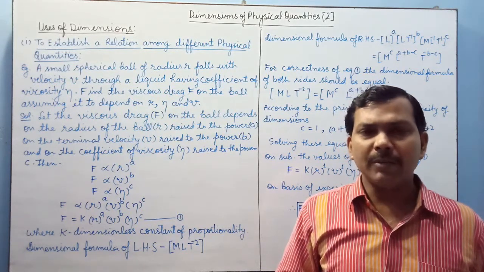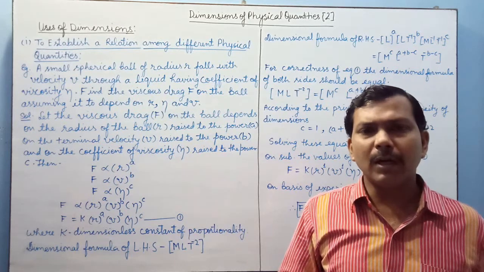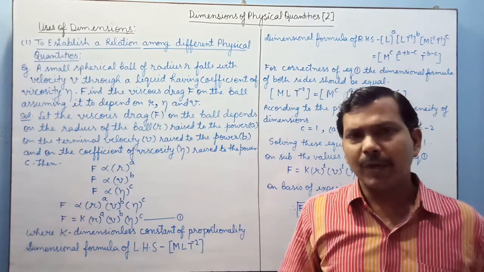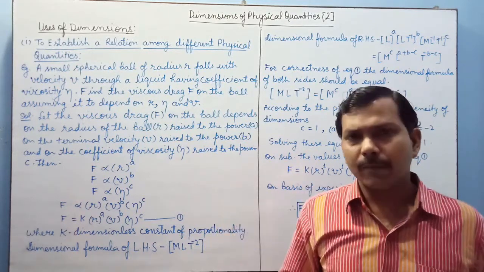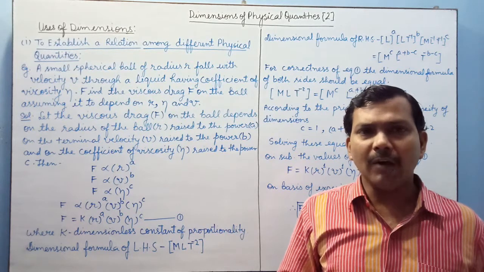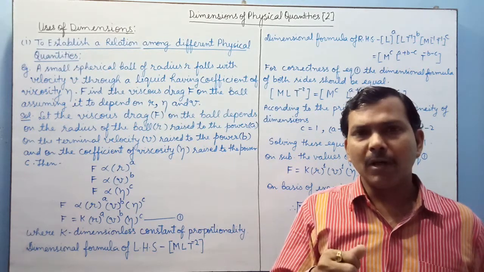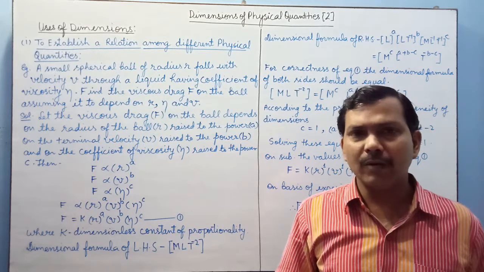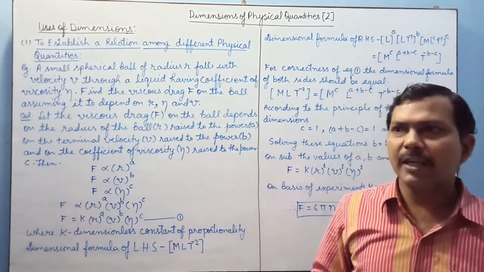But a time comes when this upward viscous drag becomes equal to the net downward force acting on the ball. After this condition, the ball starts moving with a constant velocity, and this velocity is known as terminal velocity.